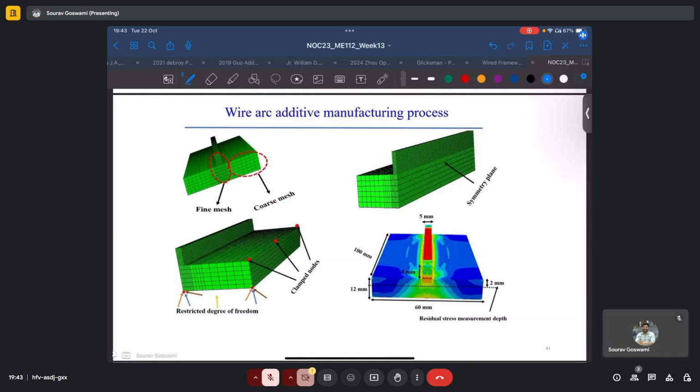Whereas in the remaining domain, typically of the substrate which is far away from the moving heat source, a coarse mesh is chosen. Also, when we are simulating these thermomechanical effects, we have to restrict the degrees of freedom at certain points, which may correspond to the clamped nodes, where the build plate is clamped in our additive manufacturing process. Then we can see the residual stress depth measurement as shown here on the right.